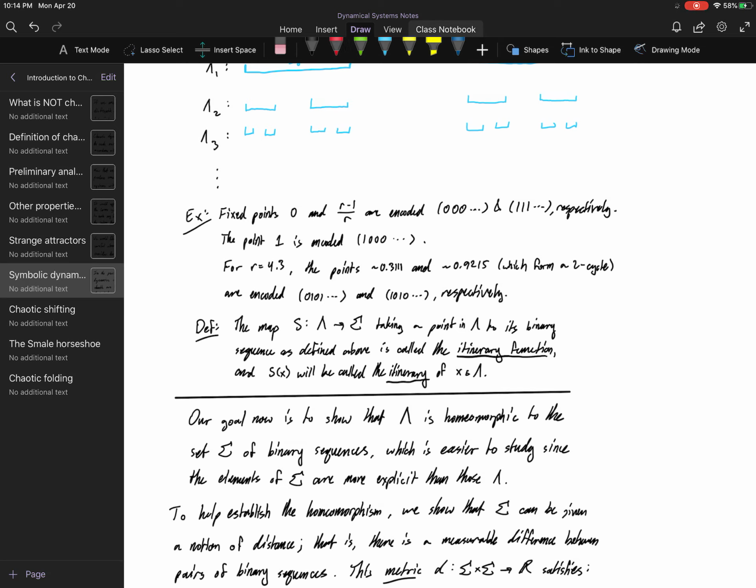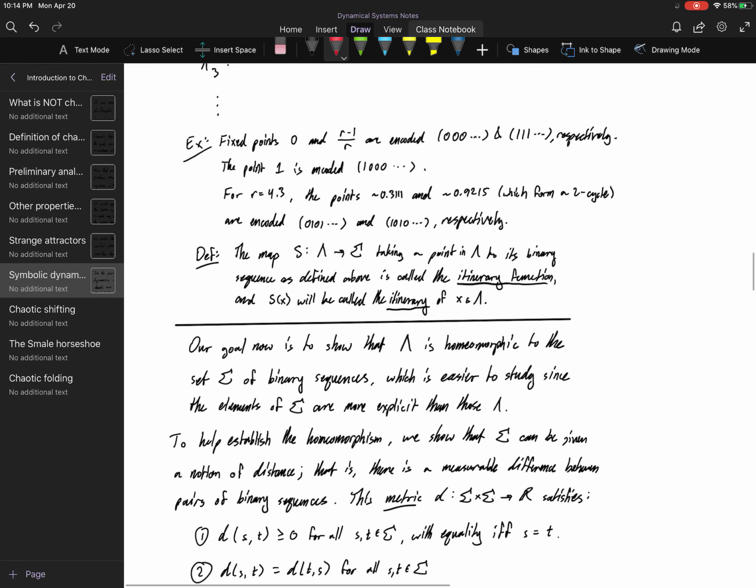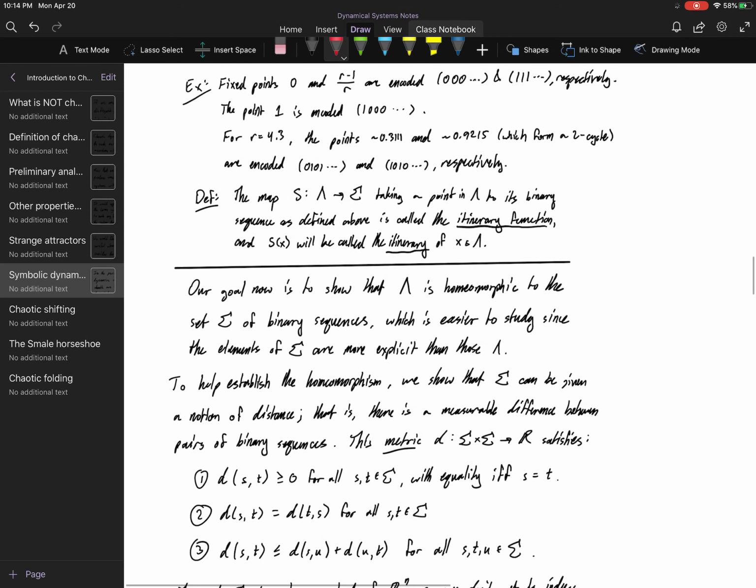So what we would like to do is show that lambda, this weird set that lives inside of our interval from 0 to 1, which is tracking the non-escaping points of the logistic map, is actually homeomorphic to the set of binary sequences, which is bizarre.